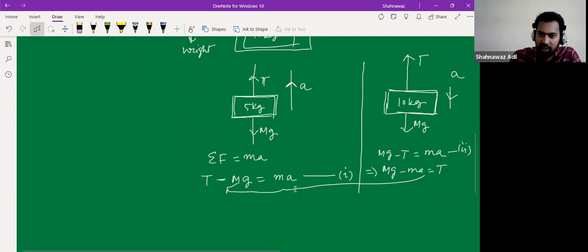So I should write the masses because otherwise this will get cancelled, right? So this is actually T minus 5g, right? And I wrote capital M here. So this is Ma and these are masses also, right?